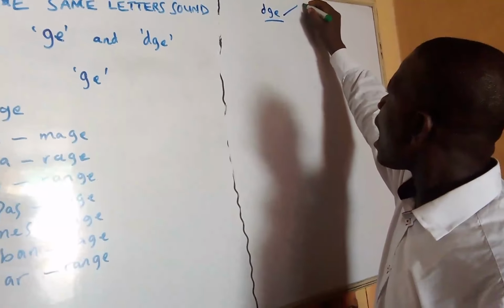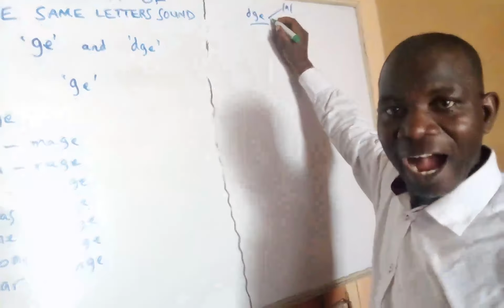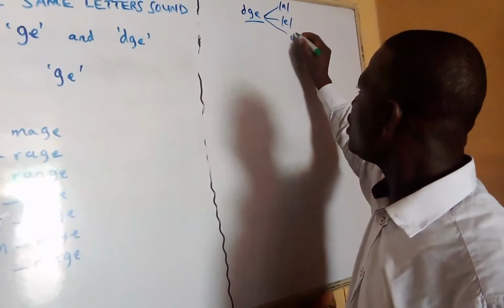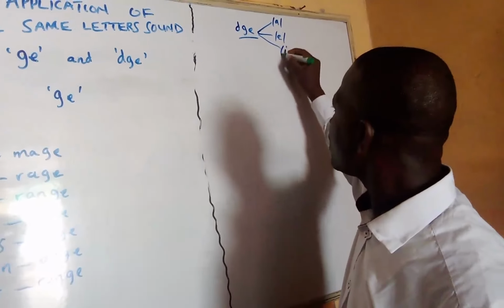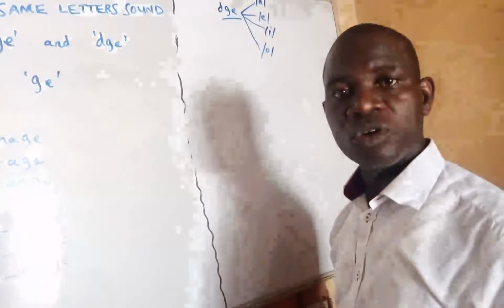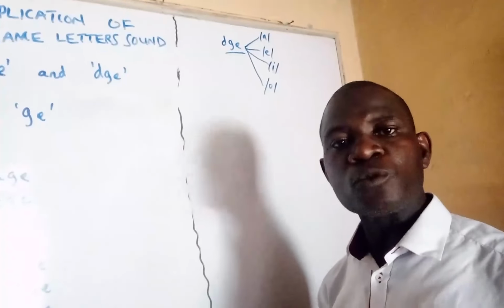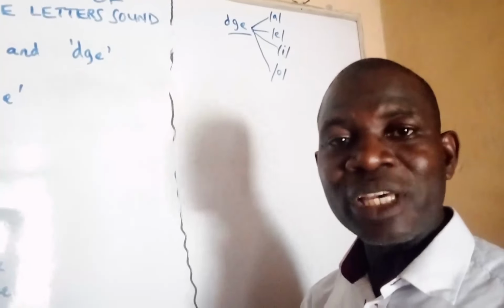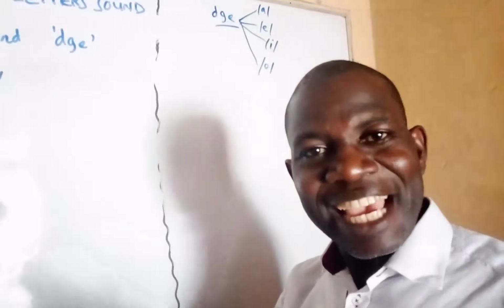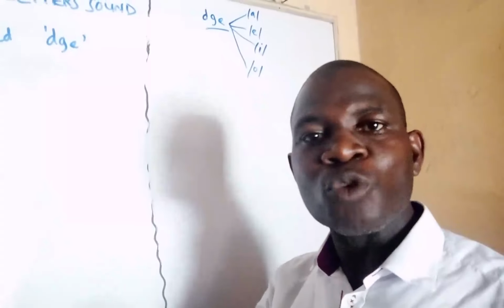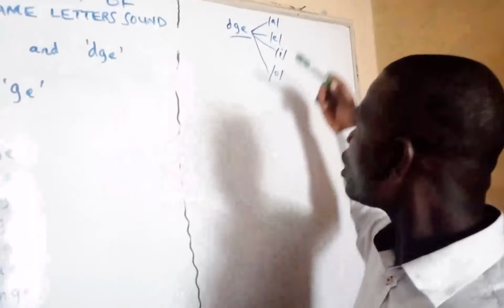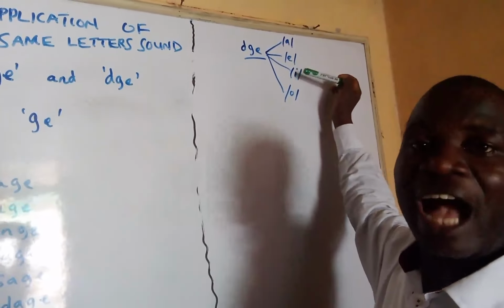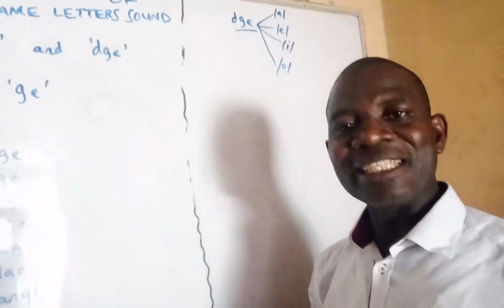You have A, E, and O. Your change vowels have to be direct with the sound, as in the change vowel A, E, and O.